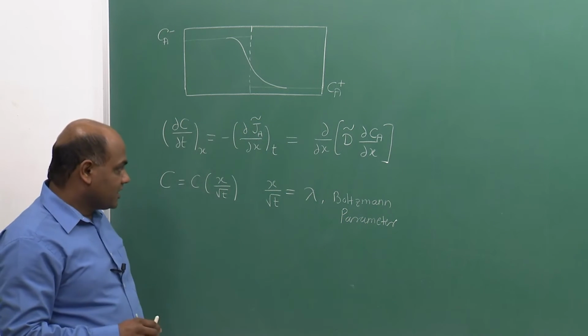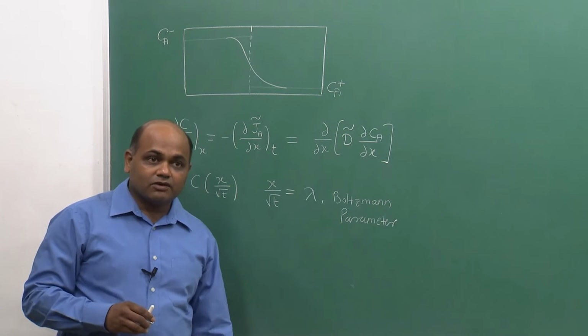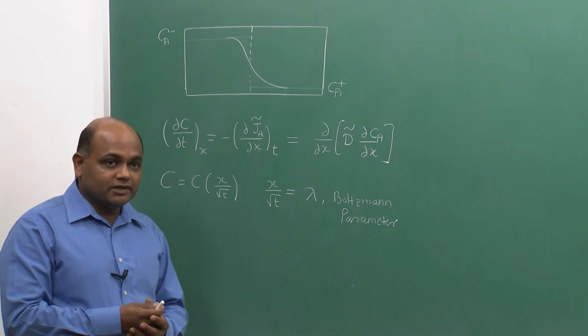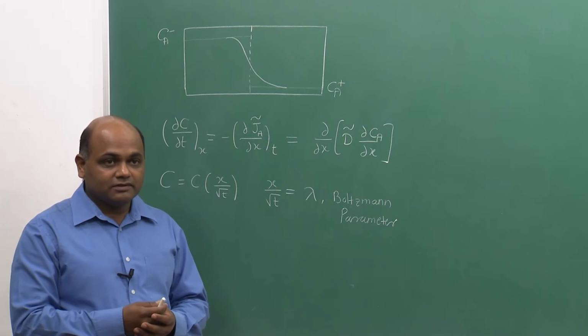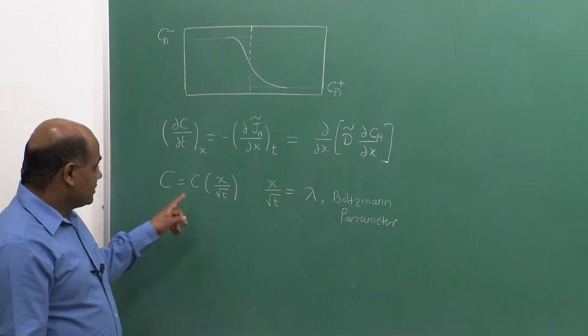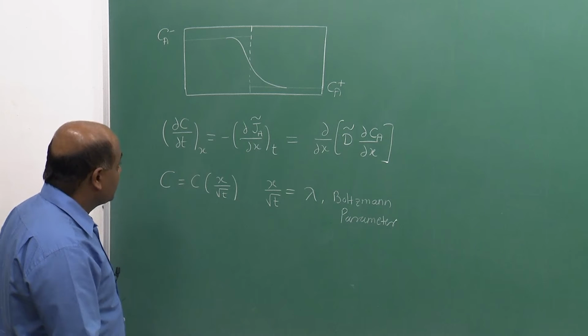Boltzmann proposed that this should also be true when D tilde is varying with composition, and this has actually been proved in practical systems, that C is a function of lambda. What does that mean?